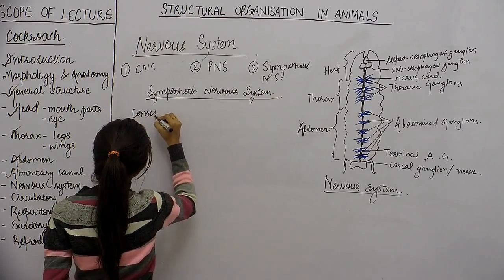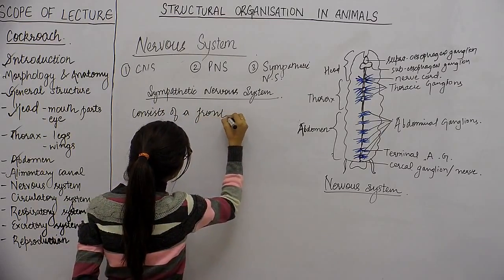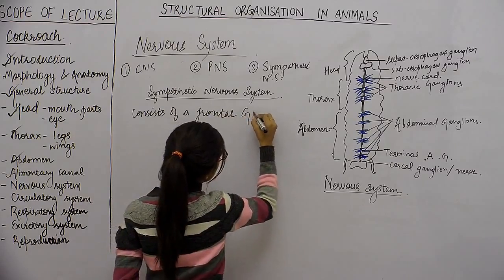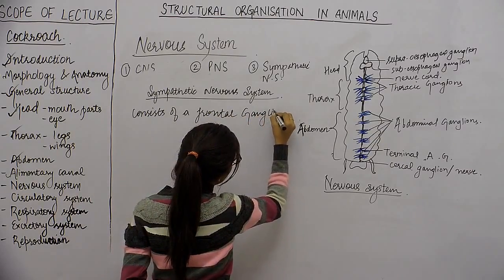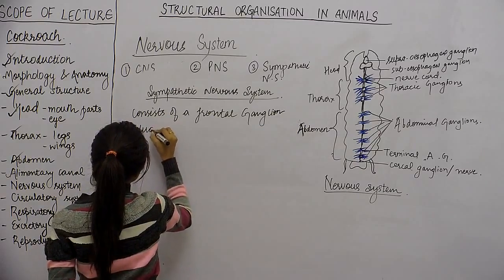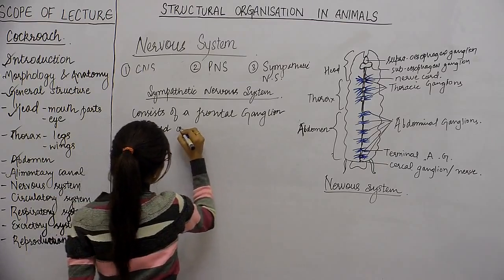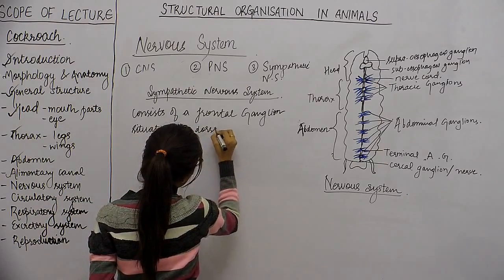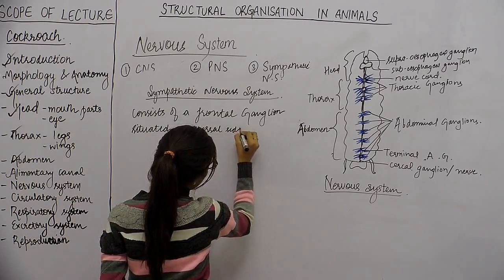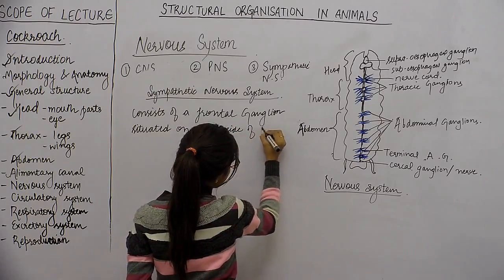It consists of a frontal ganglion situated on the dorsal side of the esophagus.